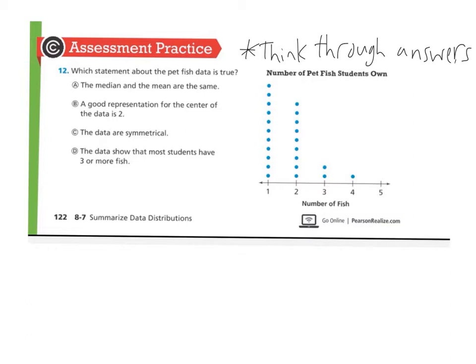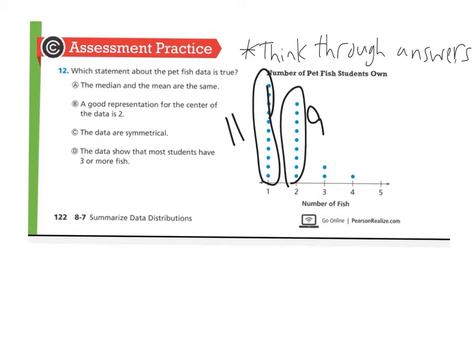There are actually, if you count up all the ones here, there are 11 of the ones. There are 9 of these 2s. Obviously 2 3s and 1 4.